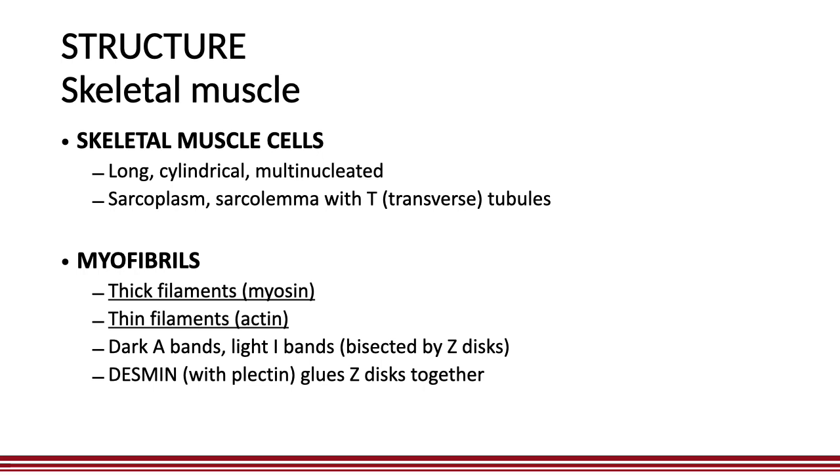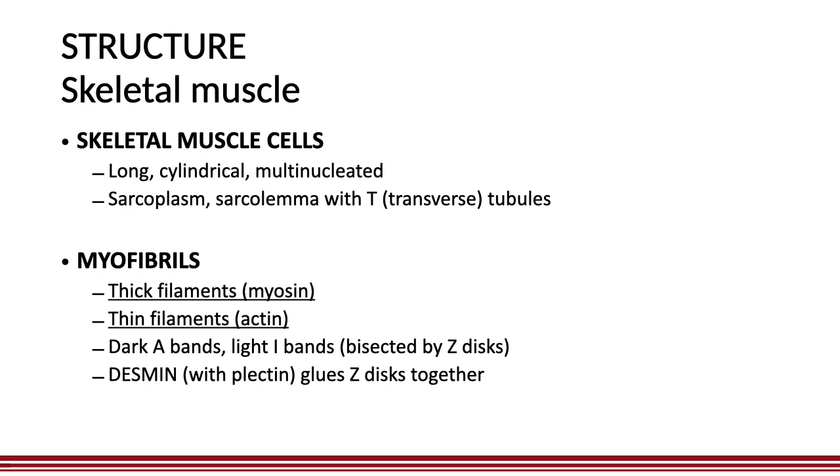Now, as mentioned, the cell membrane of skeletal muscle is known as the sarcolemma. It is a specialized cell membrane that is capable of generating and transmitting electrical impulses, which are known as action potentials. I think you've already talked about this in your physiology classes. And these action potentials are necessary for the initiation of muscle contraction.